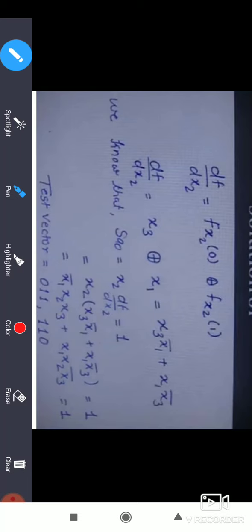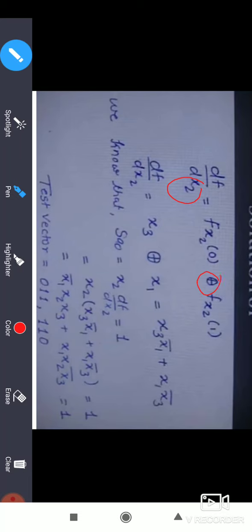Using the formula df by dx2, with respect to the x2 line, we write f x2 of 0 exclusive OR f x2 of 1.